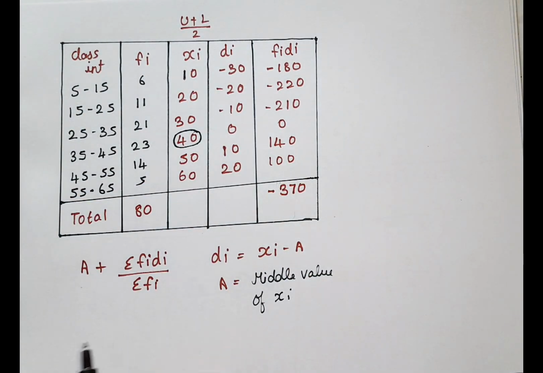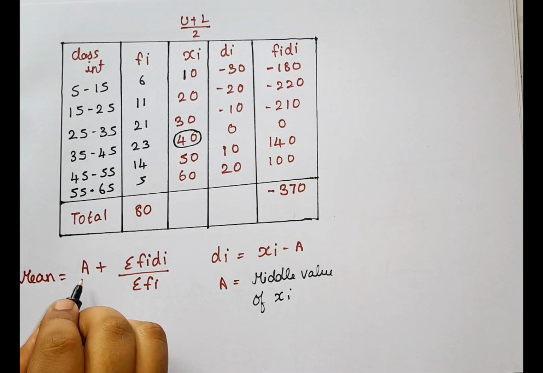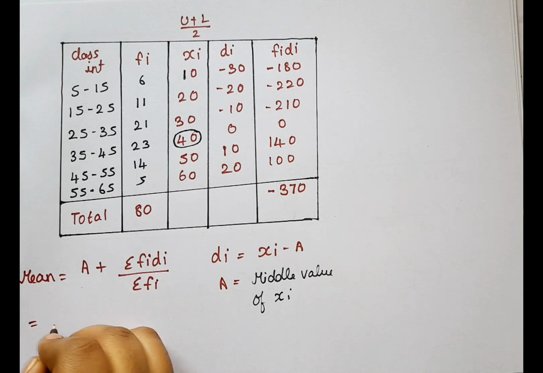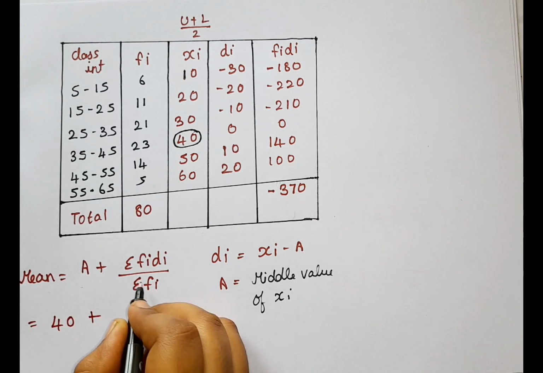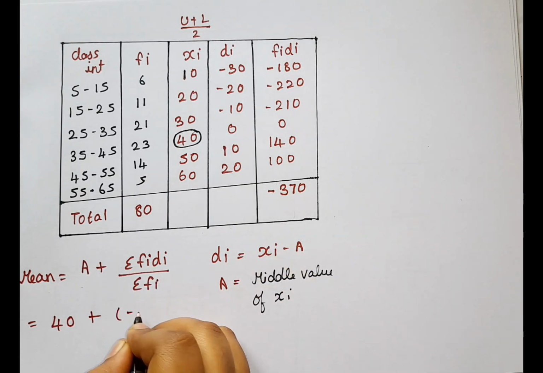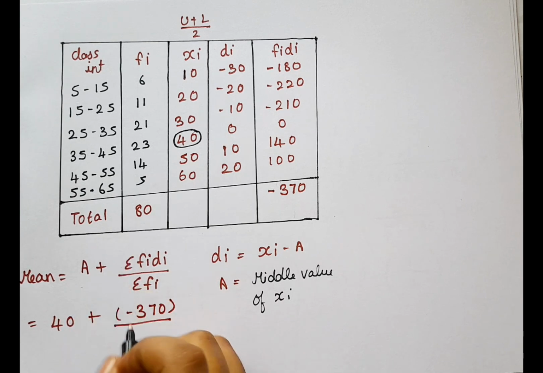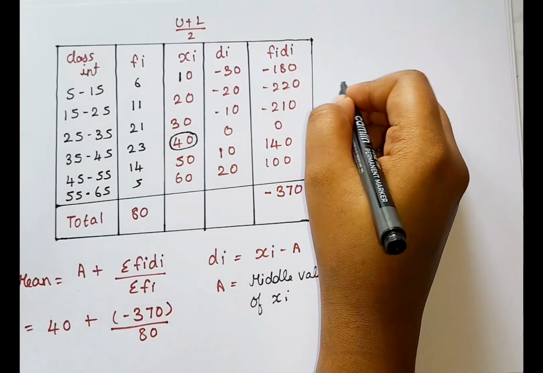Now we're going to substitute these values into the mean formula. Here a is 40, so it is 40 plus sigma fi di, which is minus 370, divided by sigma fi, which is 80.